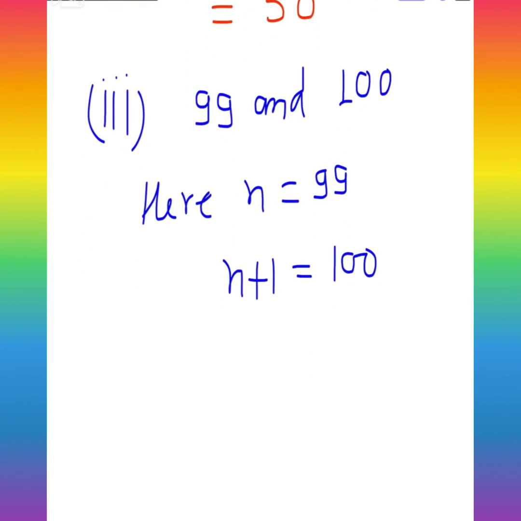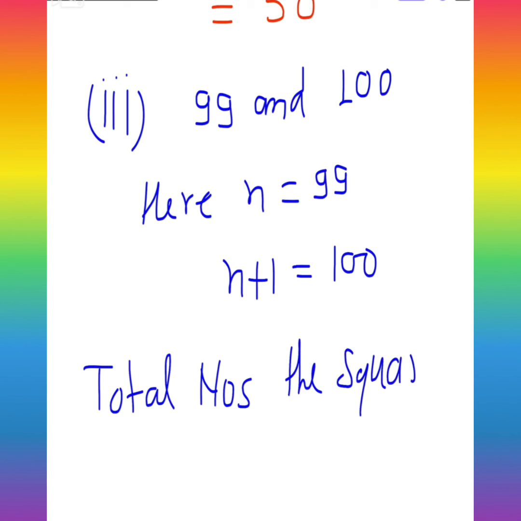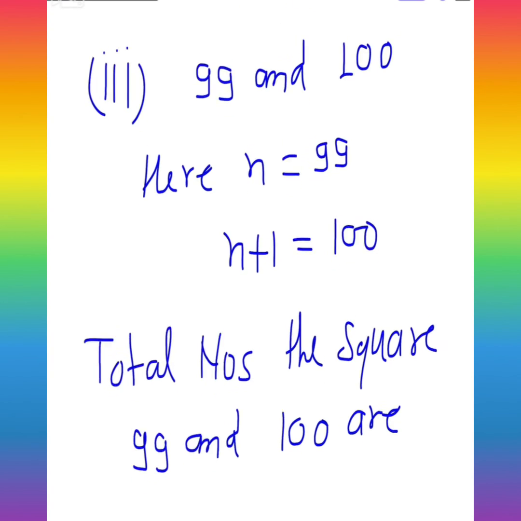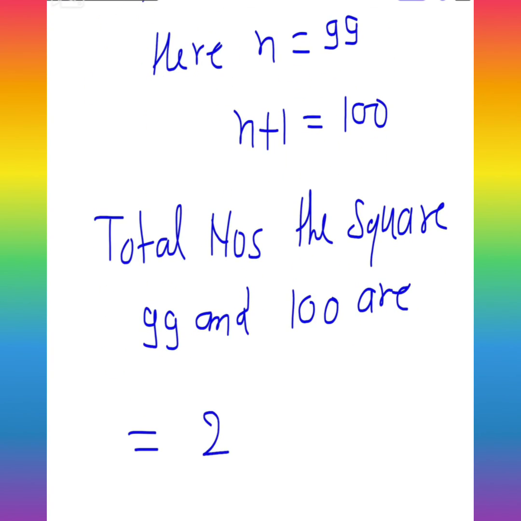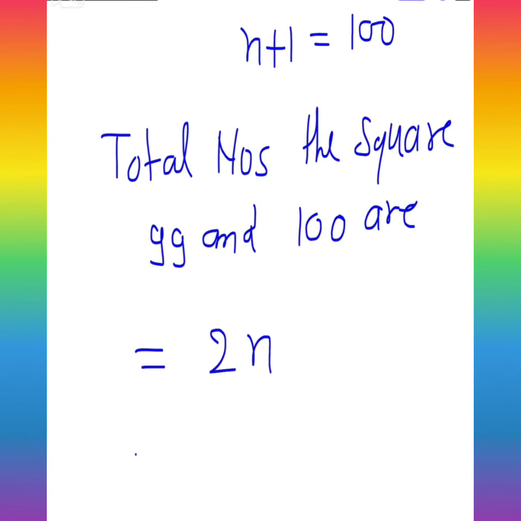So the total numbers between the squares of 99 and 100 are 2n, and n is 99.